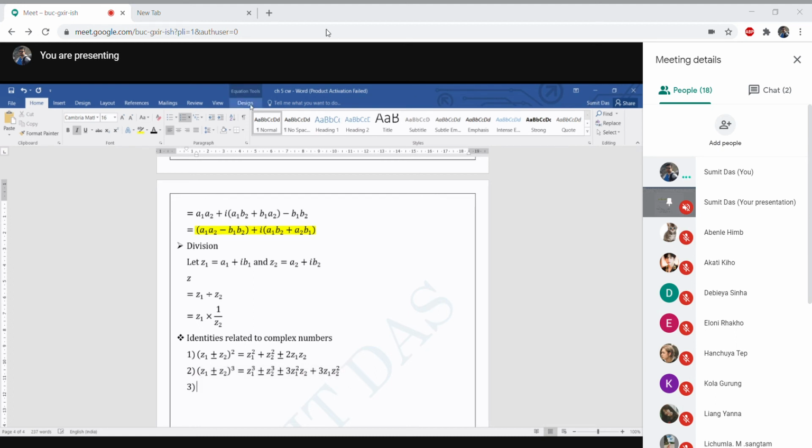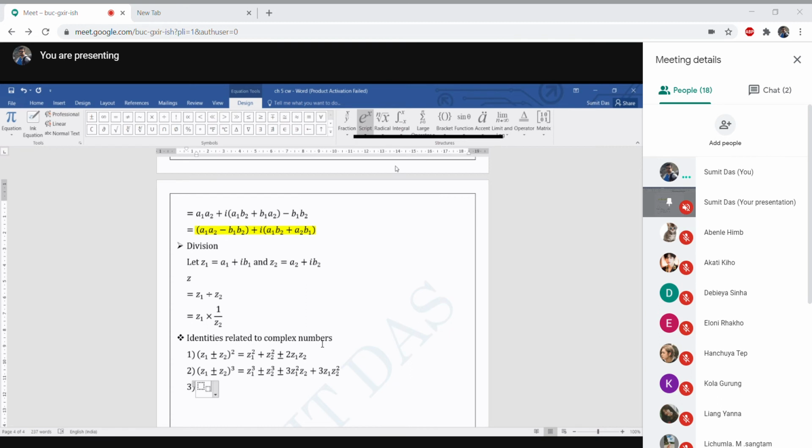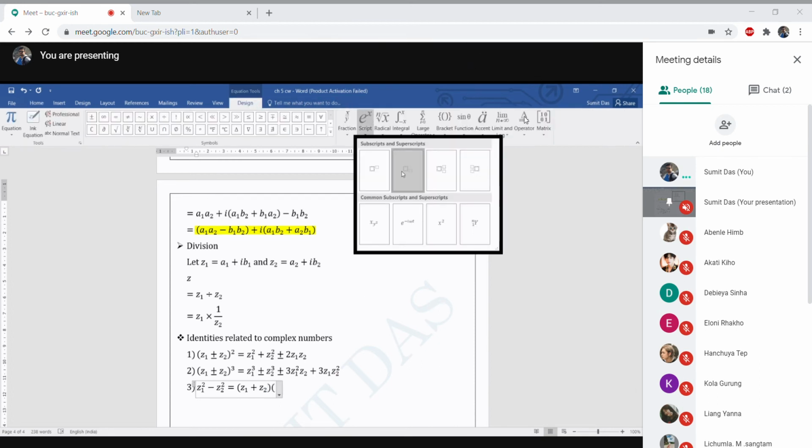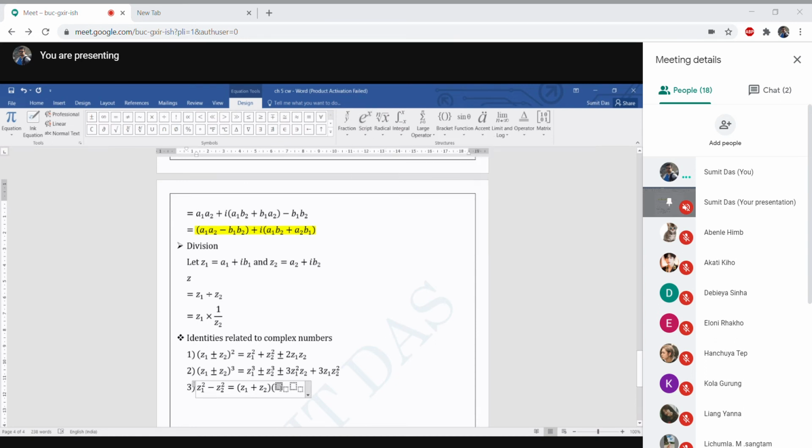Then this is the a square minus b square formula: z1 square minus z2 square is equal to z1 plus z2 into z1 minus z2.